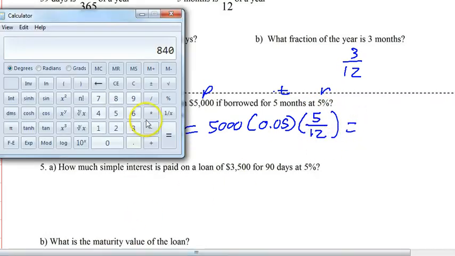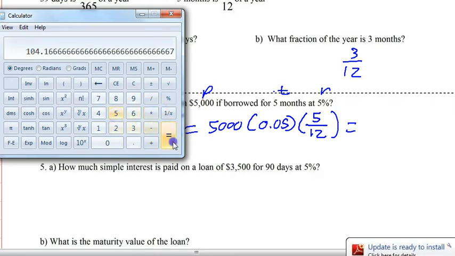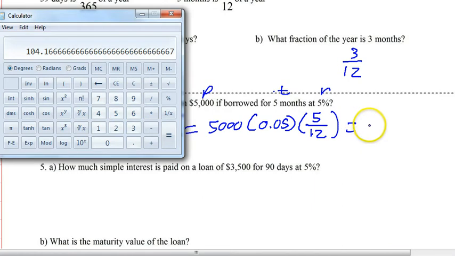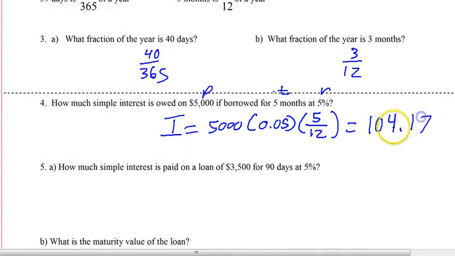And how you enter this in your calculator is 5,000 times 0.05 times 5 divided by 12. It doesn't matter the order, you just have to divide by 12. So it's 104.17. And yes, they want that full penny after that, so you must round. So it's $104.17. That's the simple interest owed.